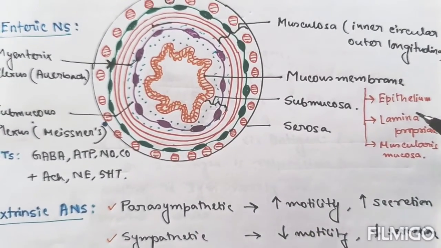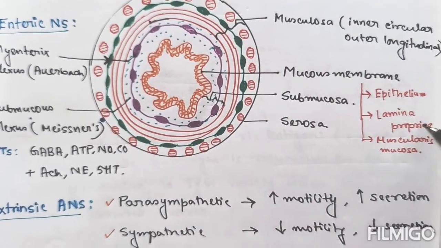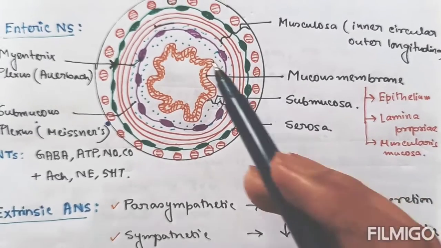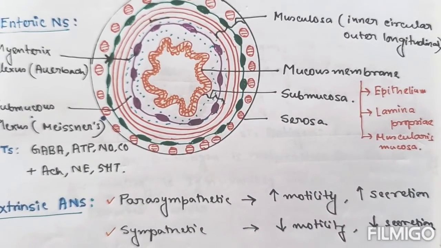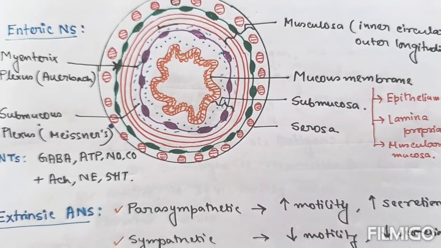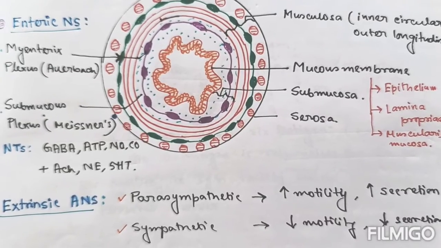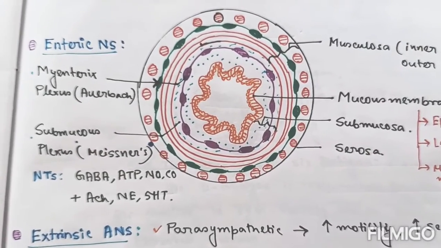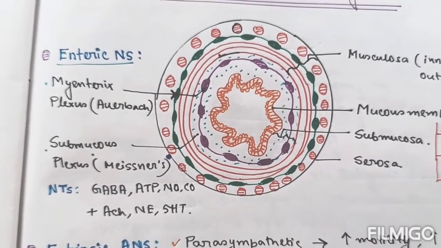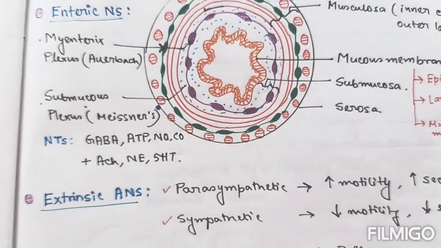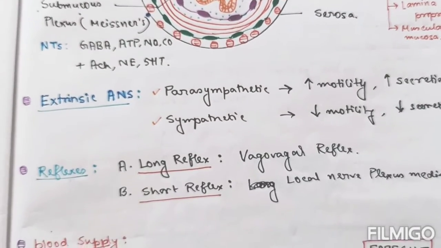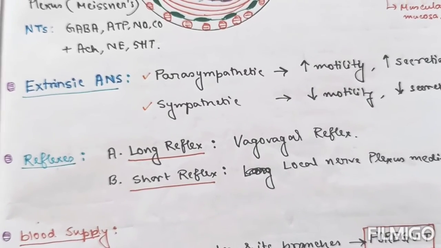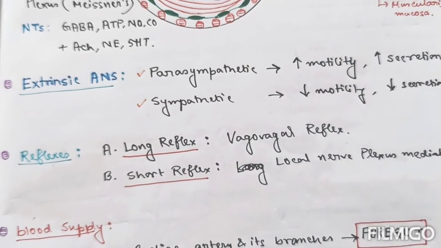Mucosa has three sublayers: epithelium, lamina propria and muscularis mucosa, and the muscle layer is an inner circular layer followed by an outer longitudinal layer. And the nervous system is of two types. The enteric nervous system is the myenteric plexus and Meissner's plexus, and the extrinsic nervous system is either parasympathetic or sympathetic.